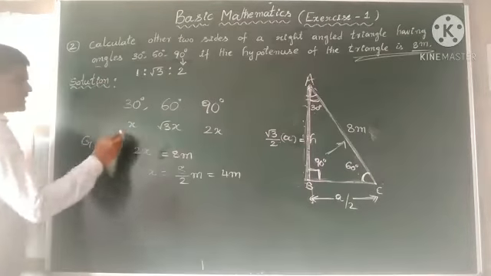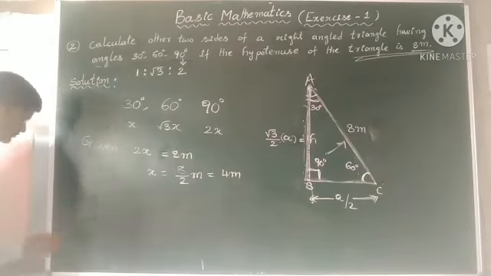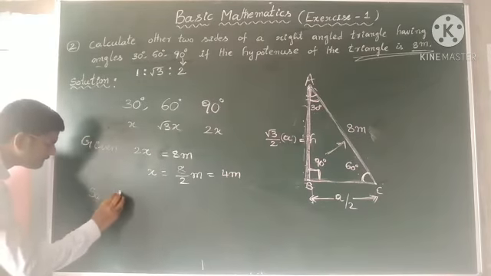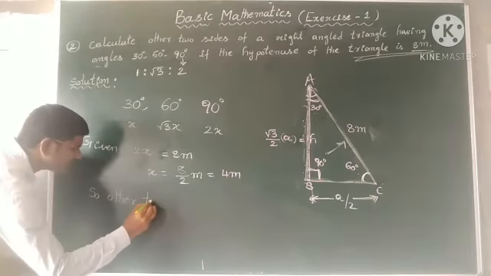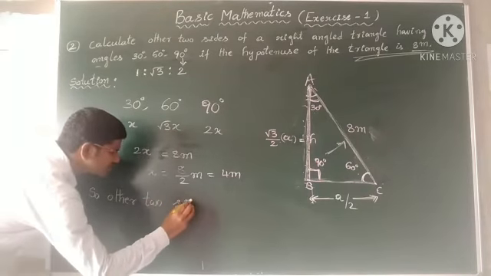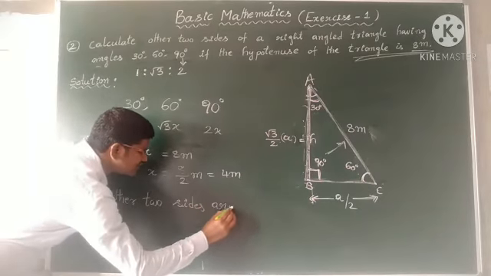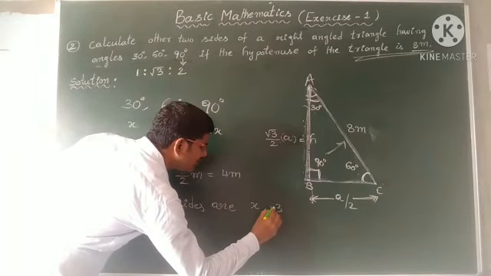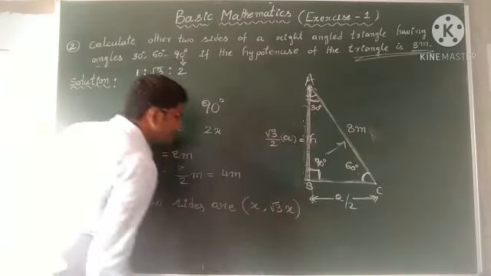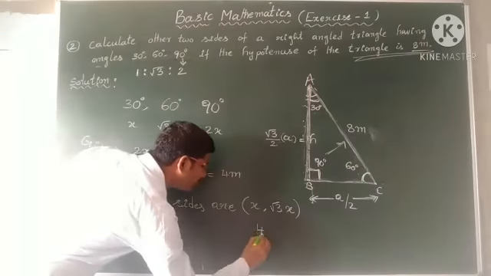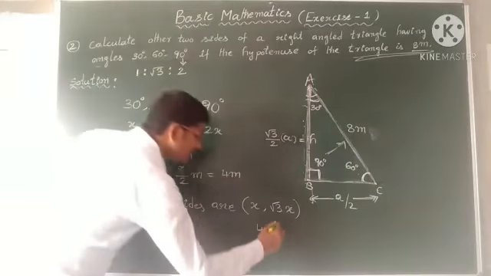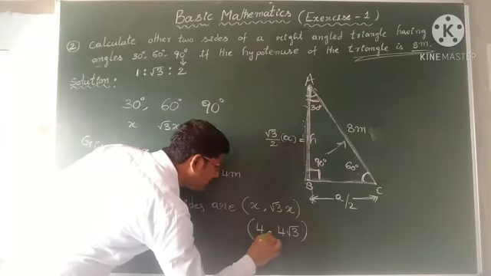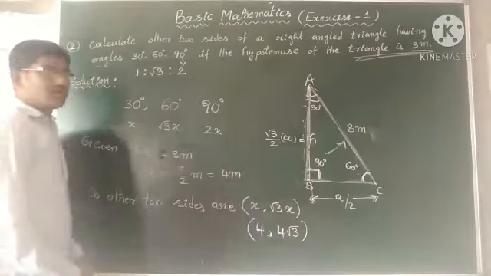So the other two sides, I am writing, what are those? x comma root 3 into x. So x value we got 4, and the other one is 4 root 3. So 4 comma 4 root 3 meters is the answer. Okay students.